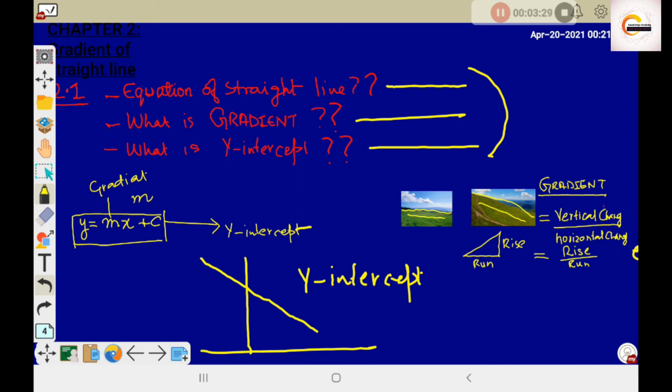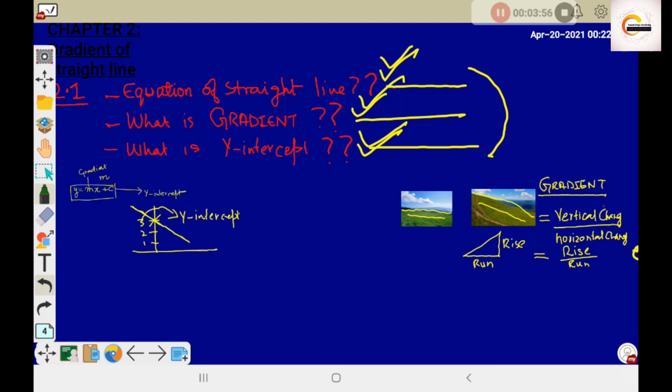Either you understand it in that way, or the simple way is this: when the straight line cuts the y-axis at a point, suppose at 1, 2 or 3. So here 3 will be the y-intercept. Clear all these three answers of these questions.